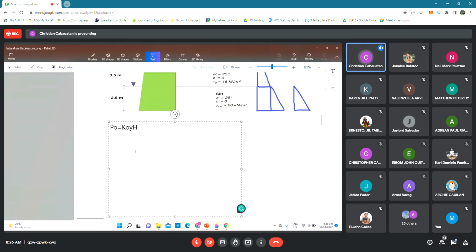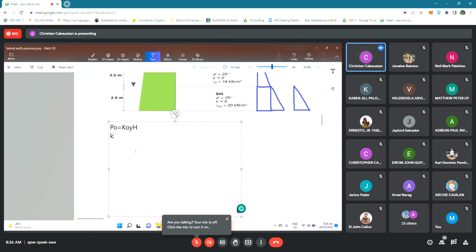Since the two different soils have the same value for the internal friction, therefore there is a common KO, or a common coefficient of lateral earth pressure.